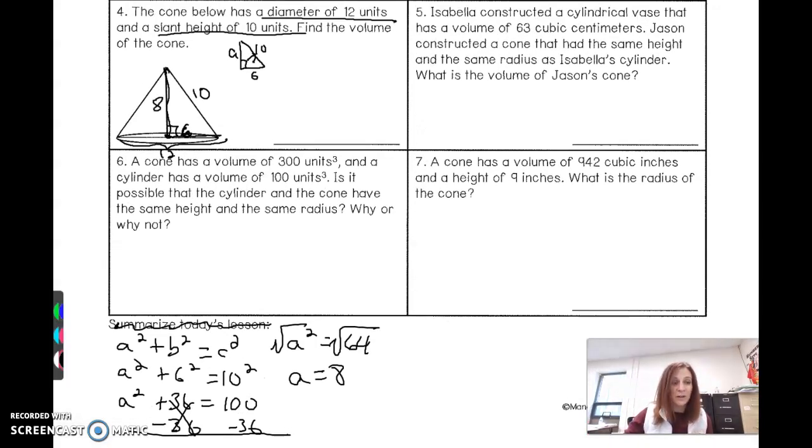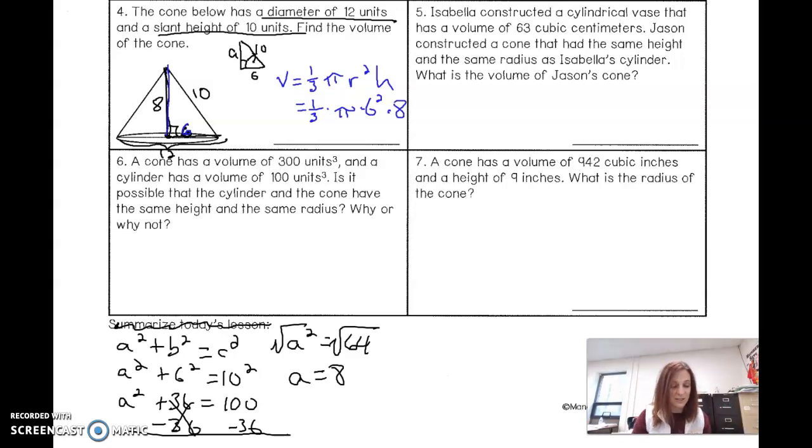So now with our formula, volume equals 1/3 pi r squared times h. So 1/3 times pi times our radius. Our radius is 6. The whole thing across is 12. Our radius is 6 squared times our height. Our height is 8.